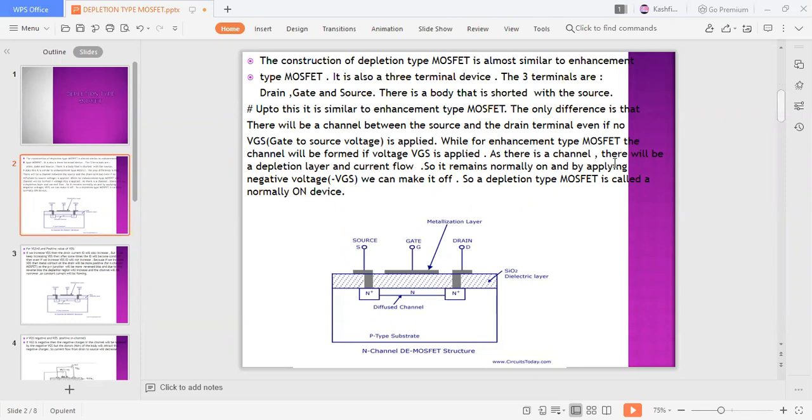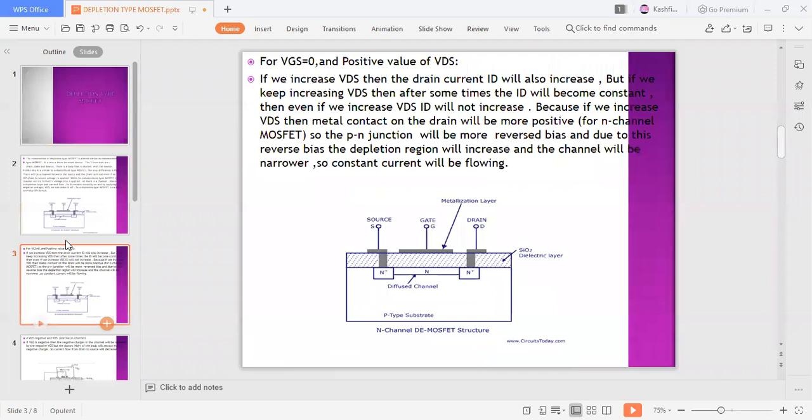As there is a channel, there will be a depletion layer and current flow. So it remains normally on, and by applying negative voltage minus VGS, we can make it off. So a depletion type MOSFET is called a normally on device.